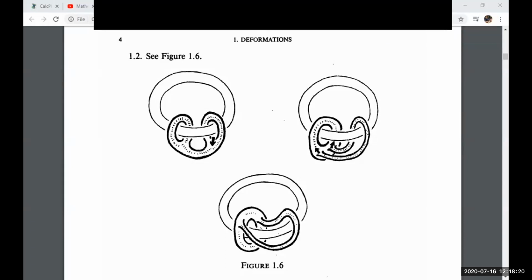We are making the hole larger until we get to the picture on the right side, and then there are two bands. We can pull those things up, and we get the third thing. And in the third one, obviously, one of them is completely free, so it is the same as the thing we had before.